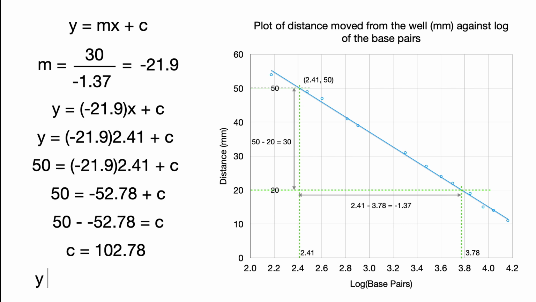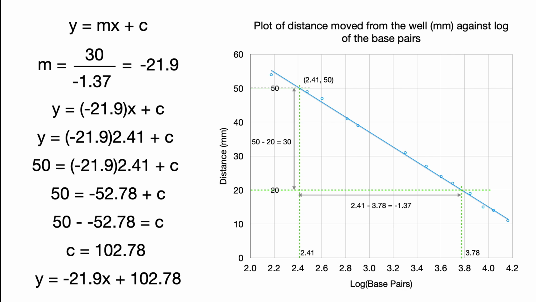Therefore, y is equal to minus 21.9 x plus 102.78. So therefore we've solved for m, minus 21.9, and for c, 102.78. So that is how you solve for m and c using the graph.